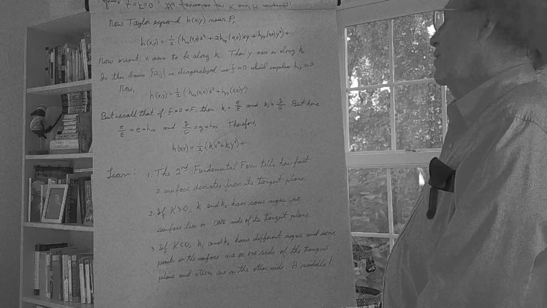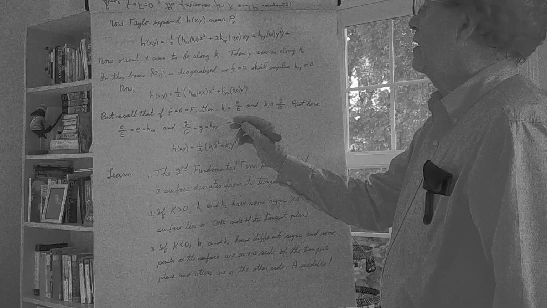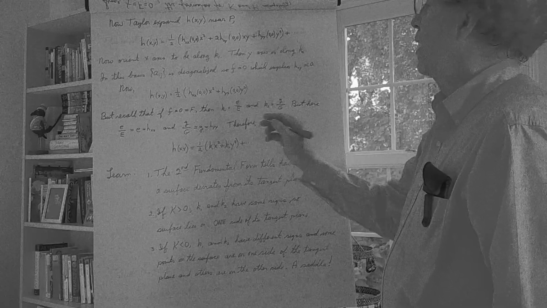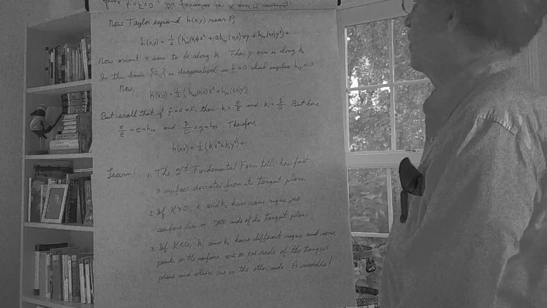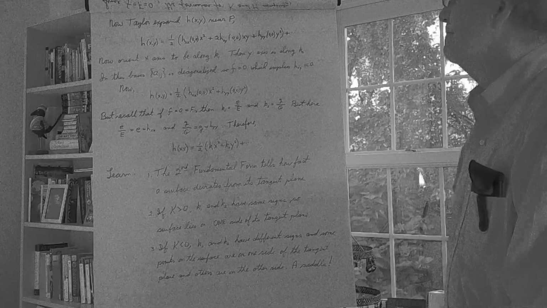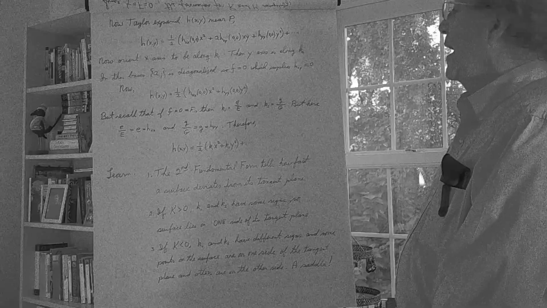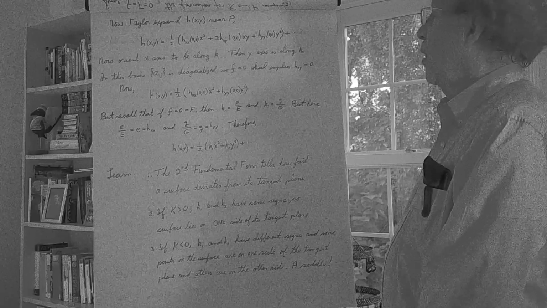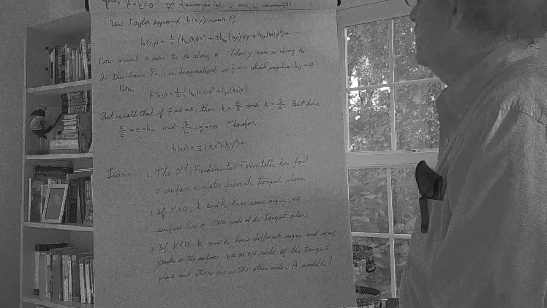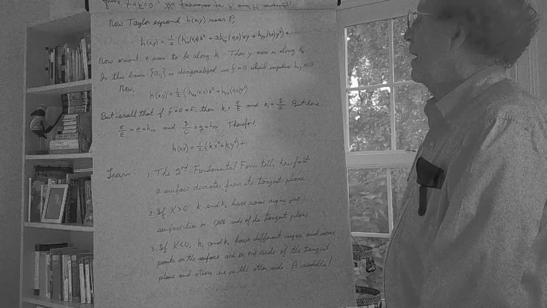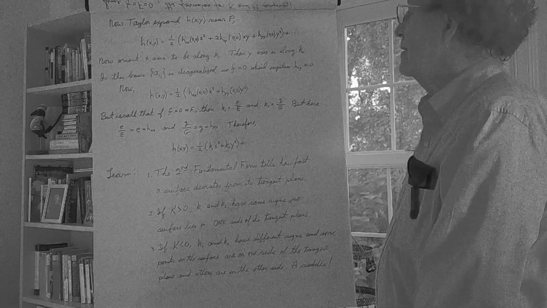Well, that's the best I can do, because now the Taylor expansion for h of xy reduces down to just this simplest of all possible quadratic forms. Okay, so finally I want to identify h sub xx and h sub yy. Well, I look back at my formulas, and I see what that means.